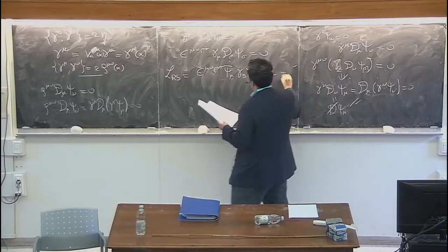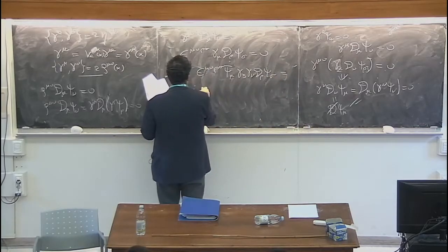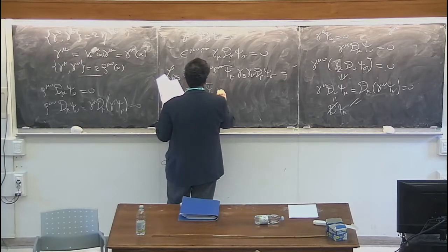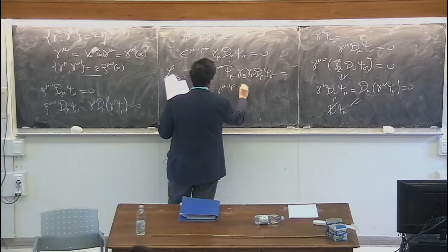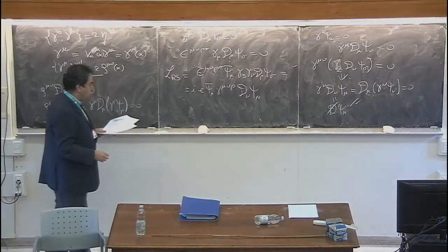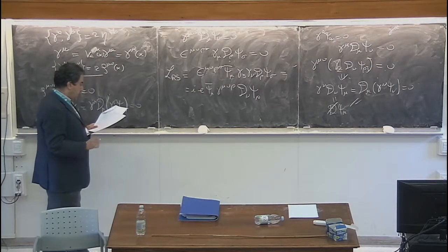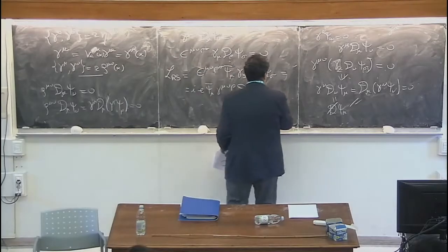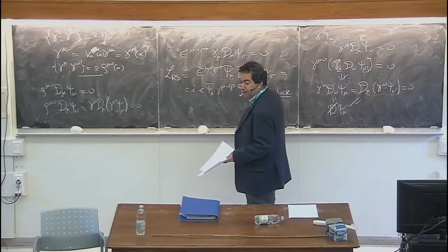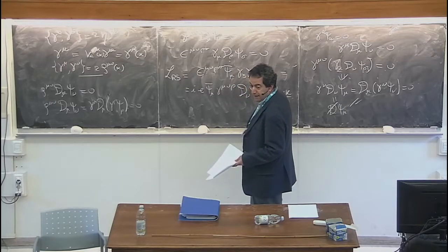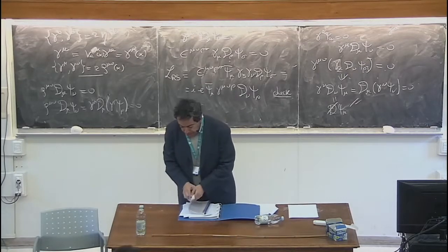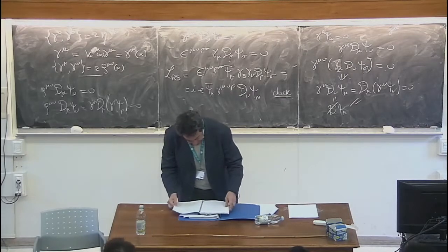And this can also be written in this equivalent form, i.e. psi mu bar gamma mu nu rho D nu psi rho. This you can check, where we have used the definition of gamma 5. Remember how gamma 5 is defined and the properties related to gamma 5.